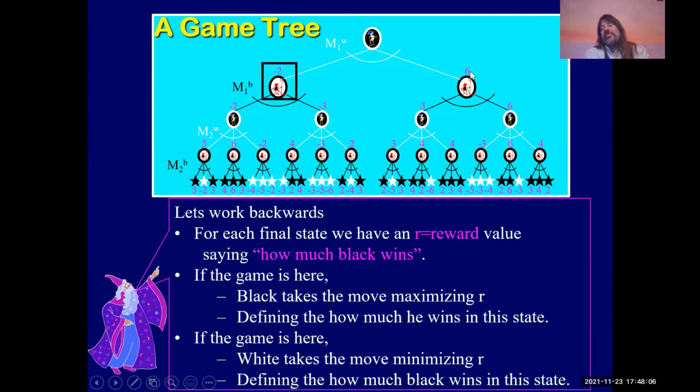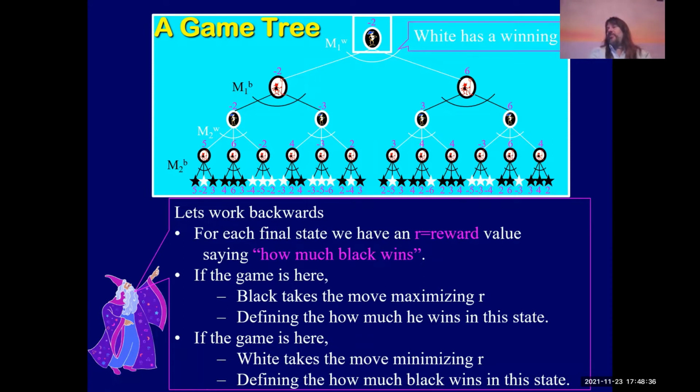And that mistake is going to trickle up. So now black takes the maximum again, right? The maximum is the -2. Here we took the maximum as the 6, which shouldn't really be a 6. And then we take the minimum again, right? We take layers of max and min. Does that make sense? At the top, the number is -2, which tells us that white has a winning strategy, right?